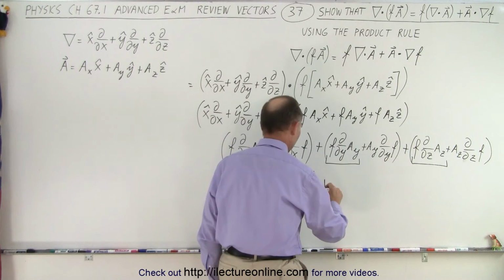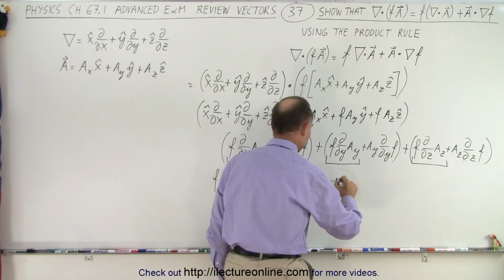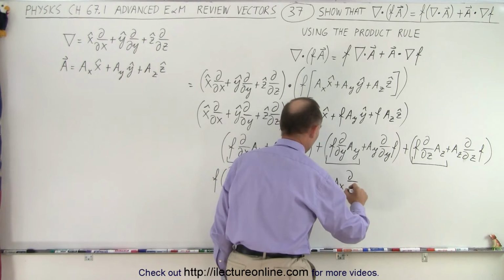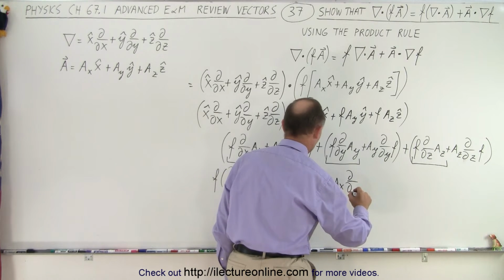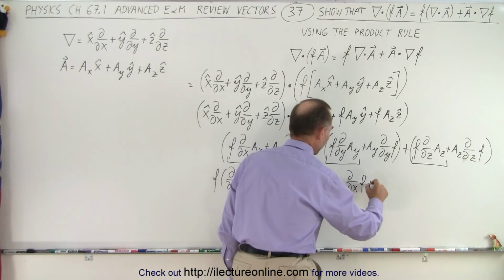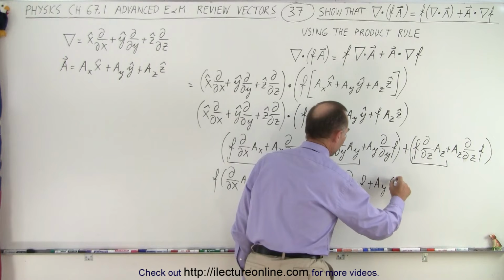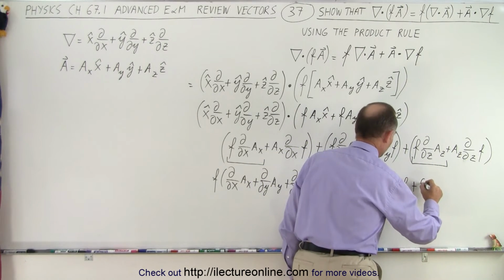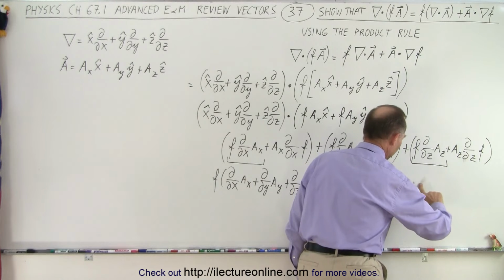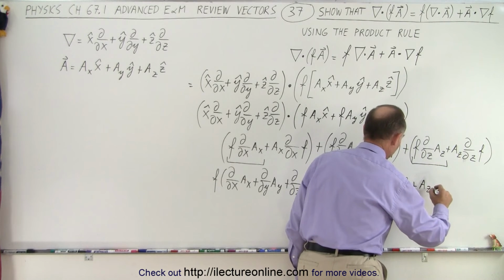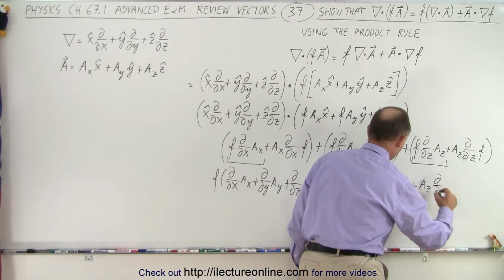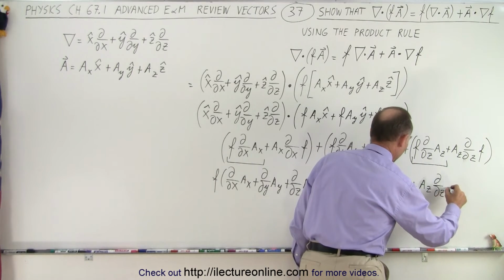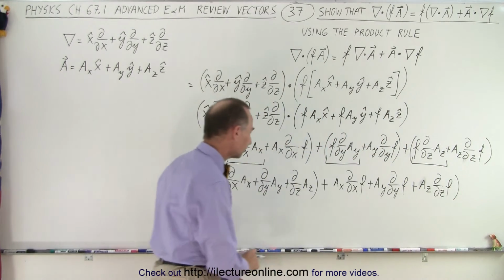These are all plus, so then we have plus a sub x times the partial with respect to x of f plus a sub y times the partial with respect to y of f plus a sub z times the partial with respect to z of f, like this.